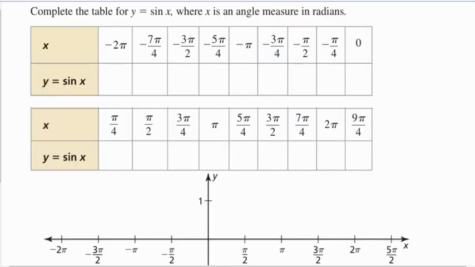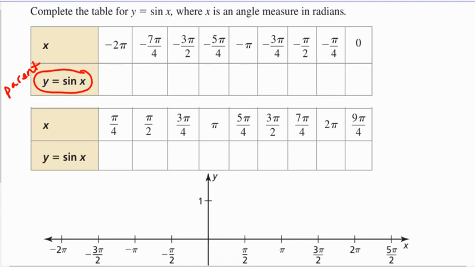Okay, so if we want to graph the function that is known as y equals sine of x, that's going to be our parent function. We could use a calculator and crunch some numbers and fill in all of these values. If x is -2 pi, we're going to find the sine of -2 pi and fill in those values here.